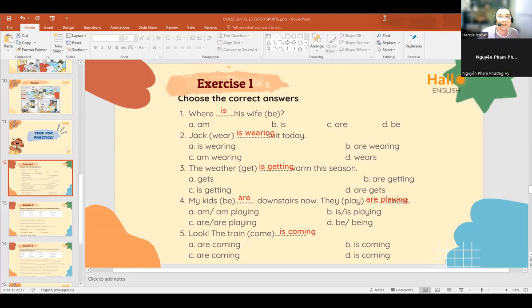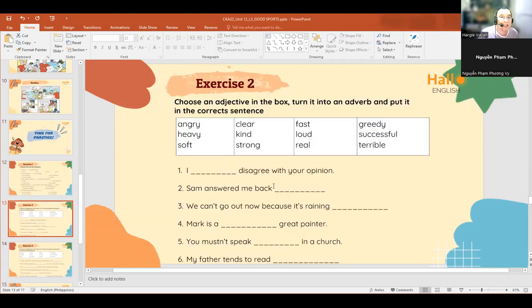Okay, so let's try to clear all of them. So let's proceed to exercise number 2 now. Now choose an adjective in the box, turn it into an adverb, and put it in the correct sentence. Again, remember our lesson.